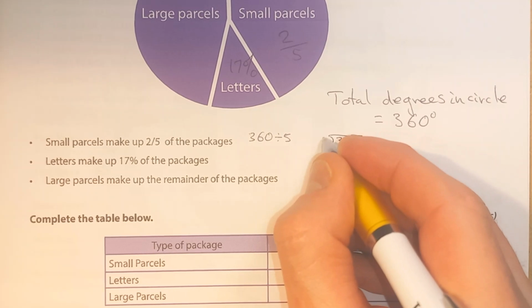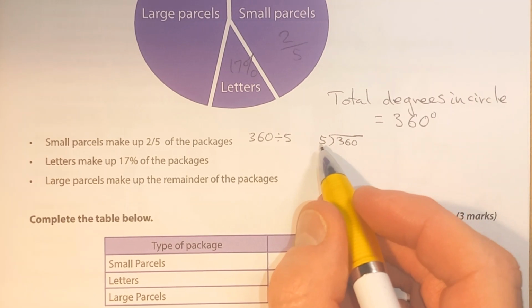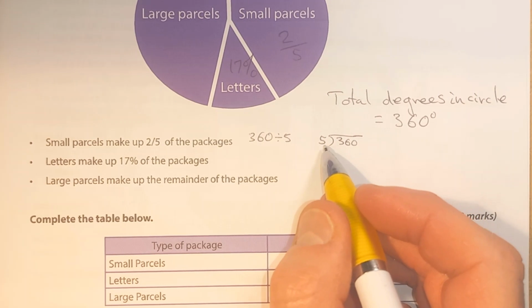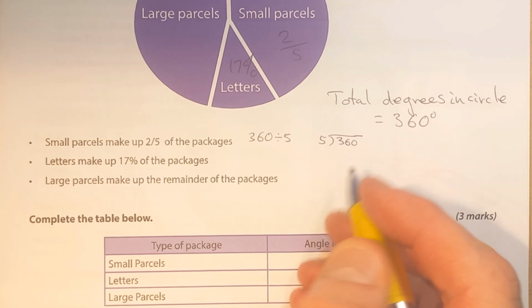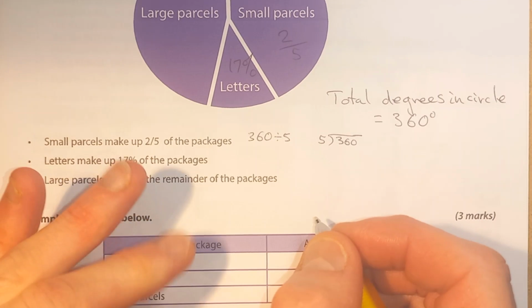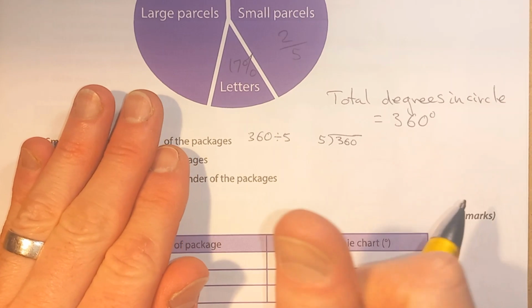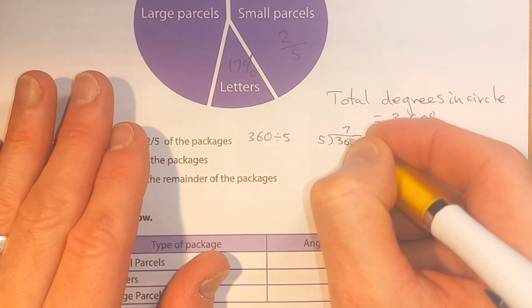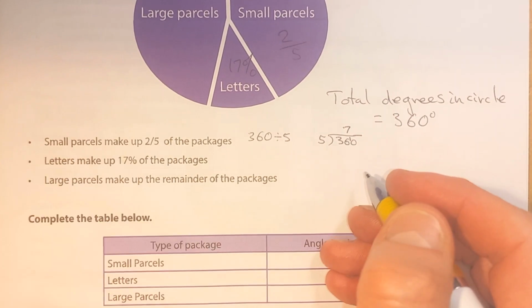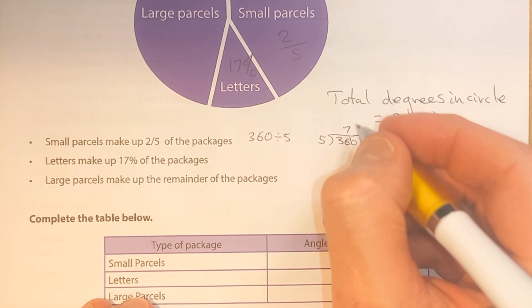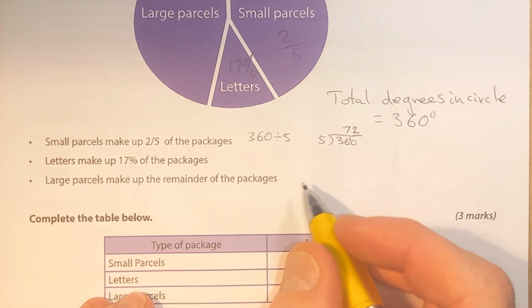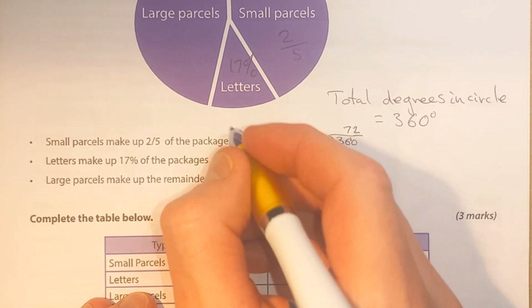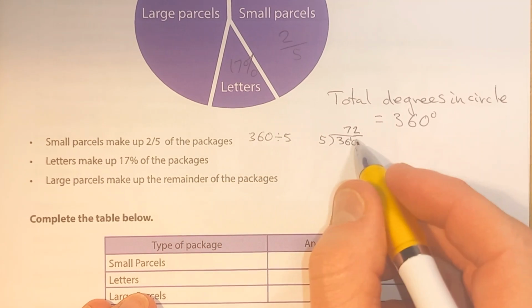So 5 can't go into 3 because 5 is bigger than 3. What about 5 into 36? 5, 10, 15, 20, 25, 30, 35. That's 7 times with 1 left over. 5 into 10, 5, 10. So that's twice. Okay, so 1/5 is 72.